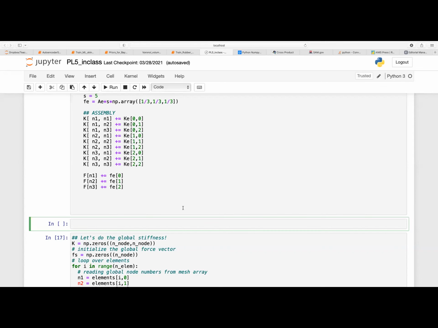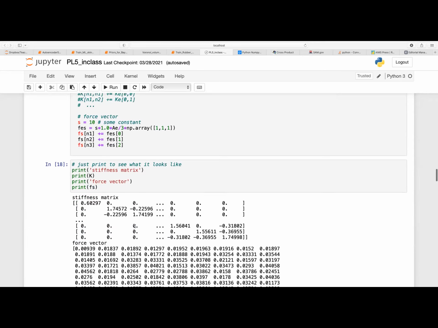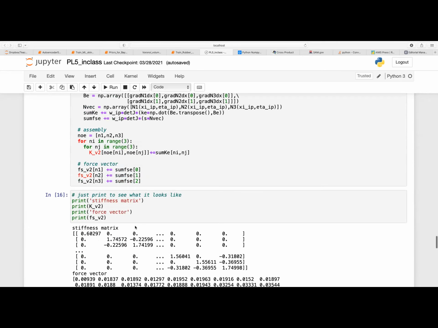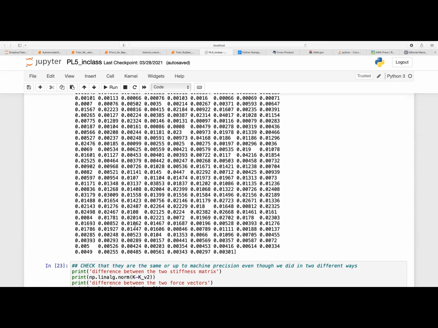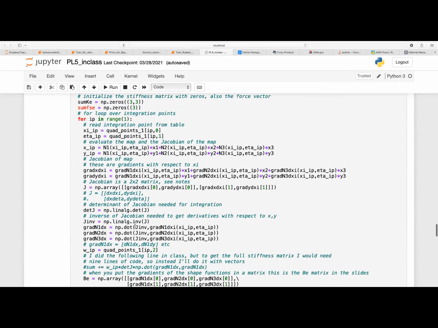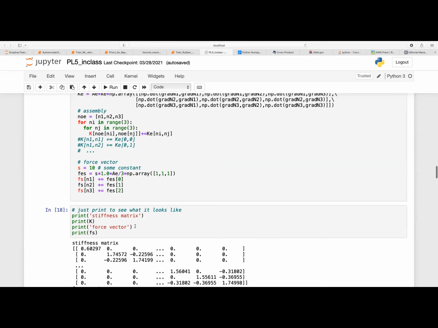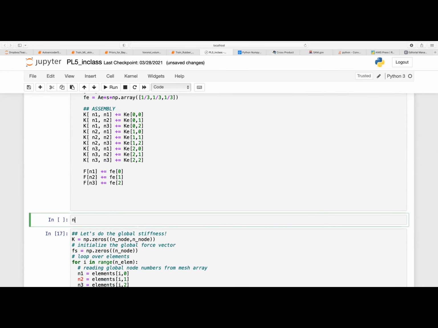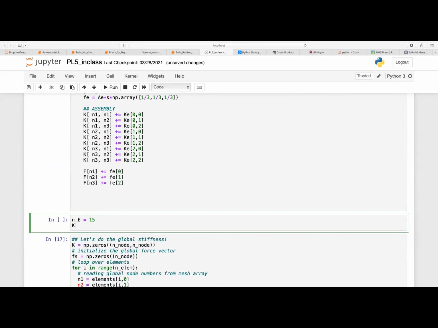Stop sharing here. Share here. So hopefully you copied the code from class. It's not in this one. All right, so I don't have it here, but well, I know this. So NE is just 15, and then I'm just gonna do this. You can copy from previous code.